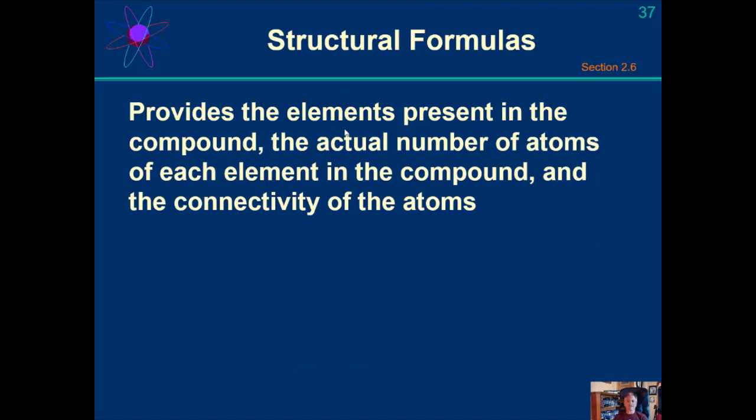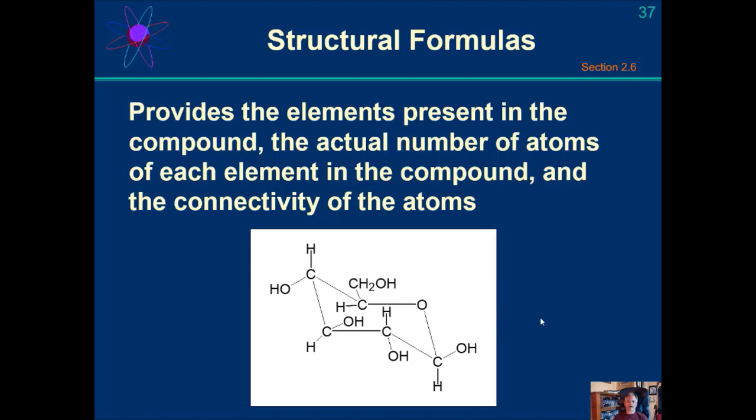All right, structural formulas are going to give you the most information. They not only give you the number and type of atom that's in the compound, they give you the way that they're attached to each other. So this is the structural formula for glucose. We've still got 6 atoms of carbon, 12 atoms of hydrogen and 6 atoms of oxygen.